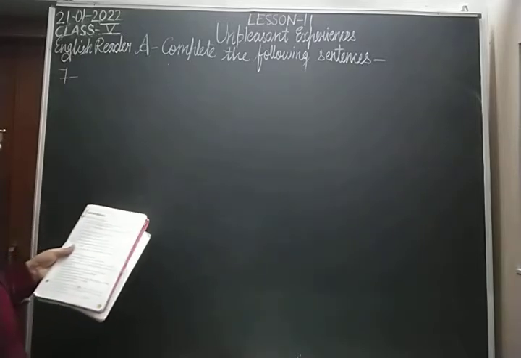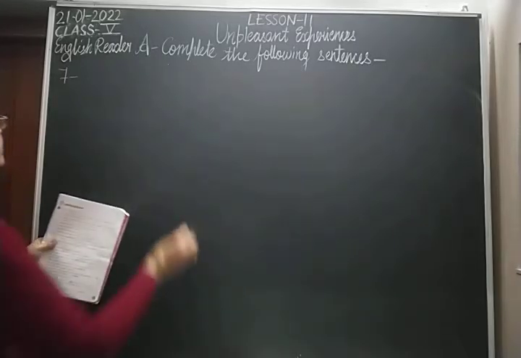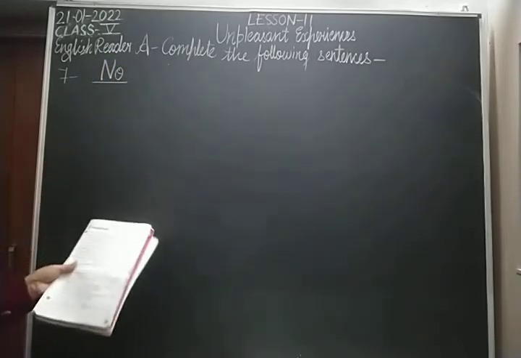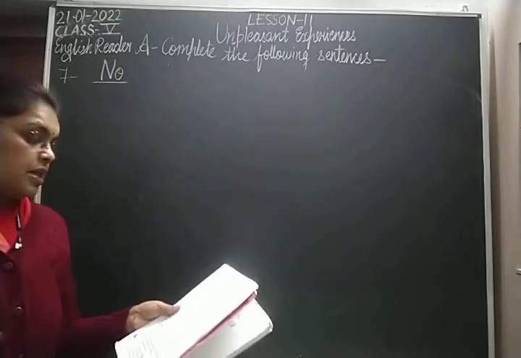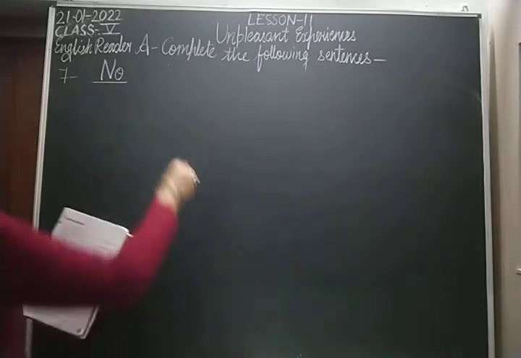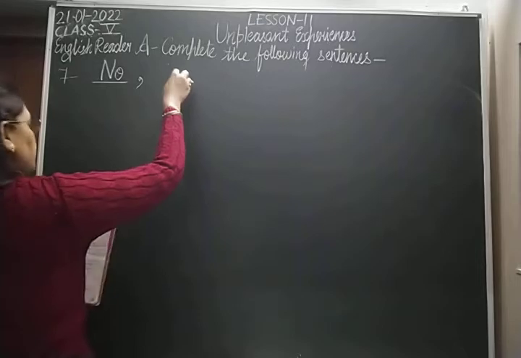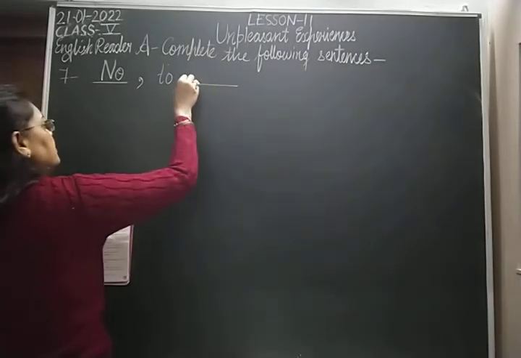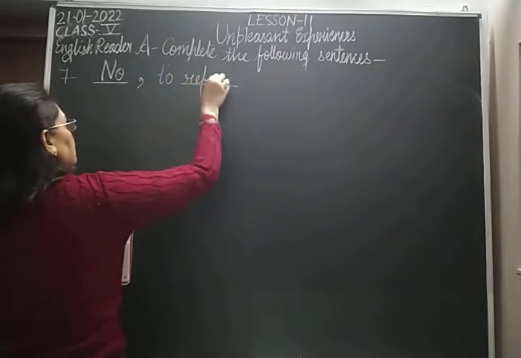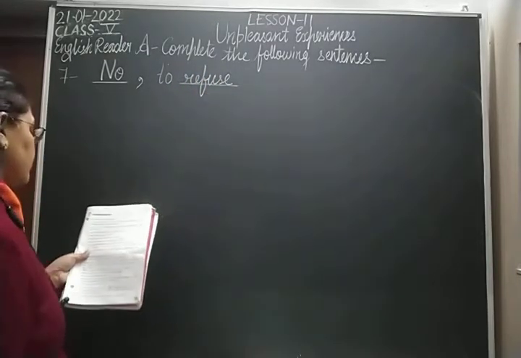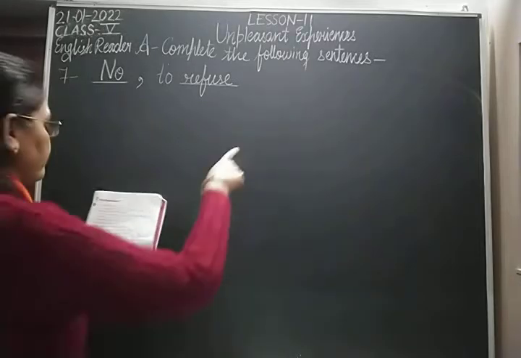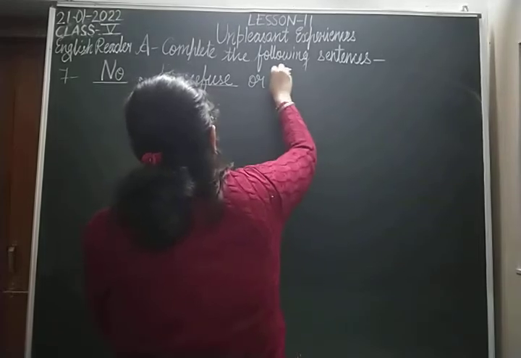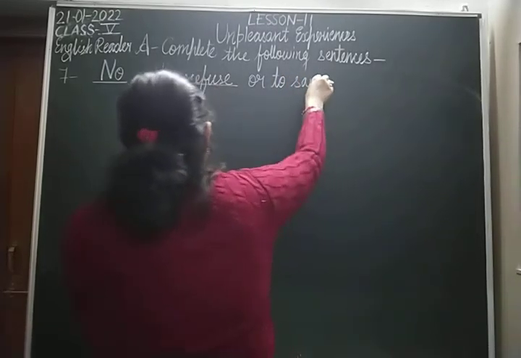If you feel uncomfortable, you have the right to say no. In the first blank of 7, write no. If you feel uncomfortable, you have the right to say no. Then there's a comma. Then 2 is written, and after 2 again there's a blank. So write refuse. You have the right to say no, to refuse, or to say.